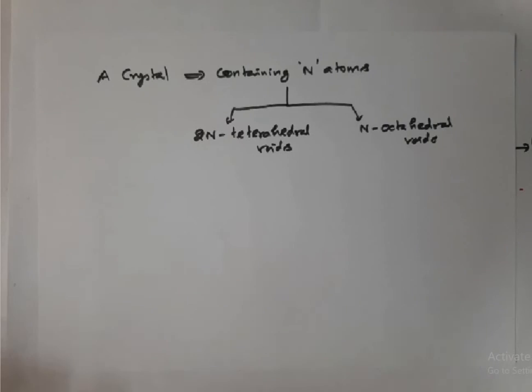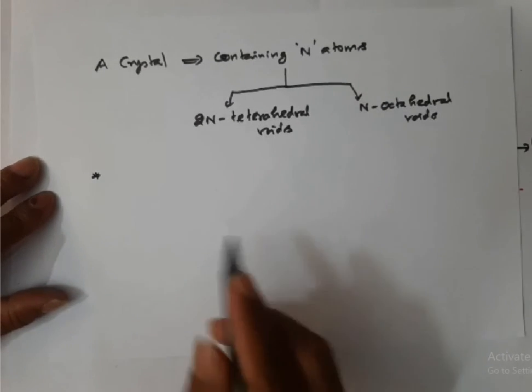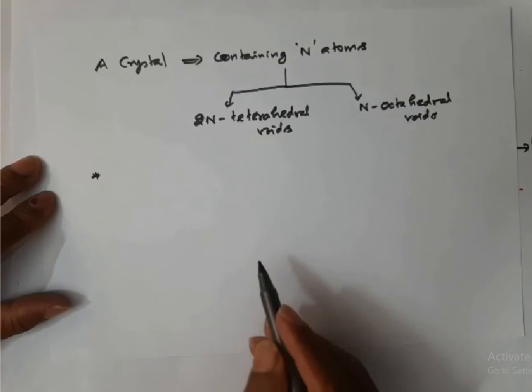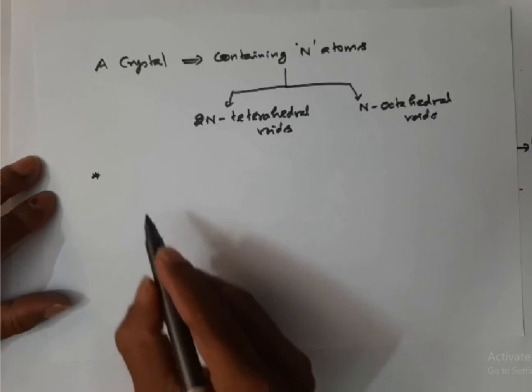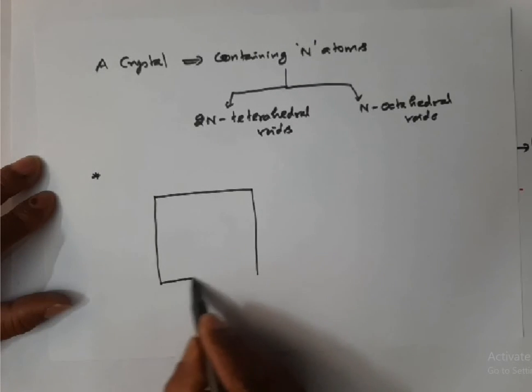Okay, now let me show you another way of observing these tetrahedral and octahedral voids. Let me take a unit cell like this.